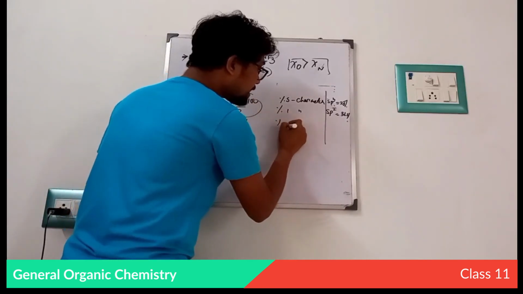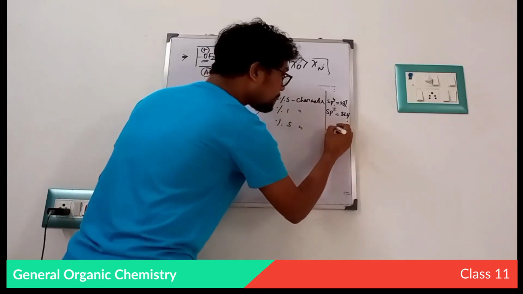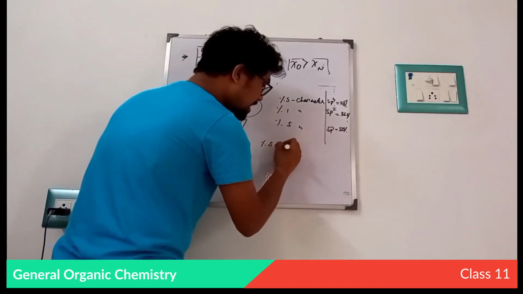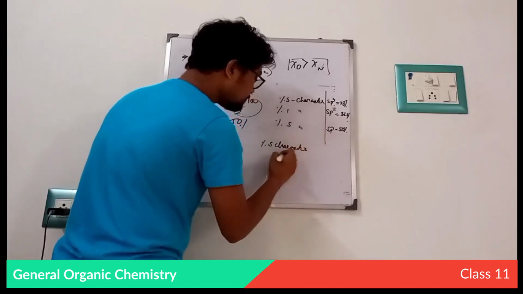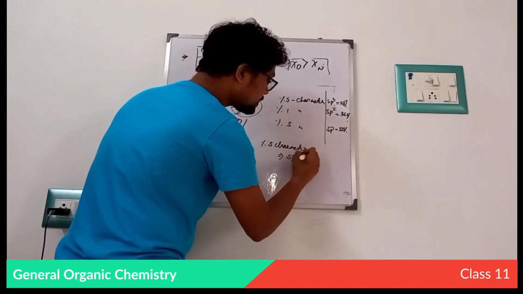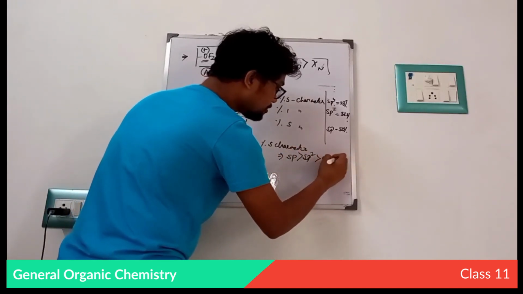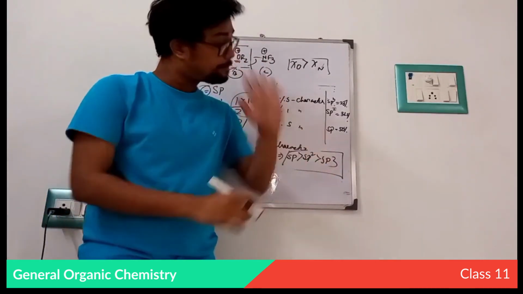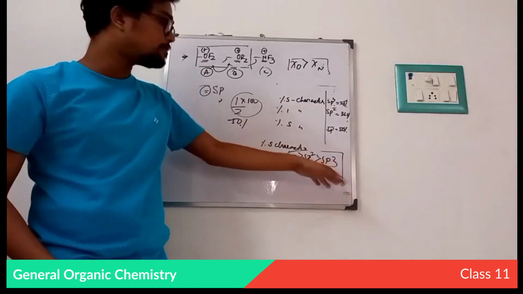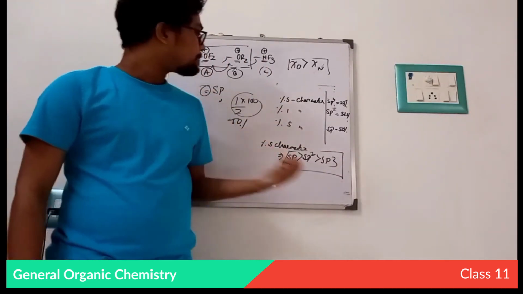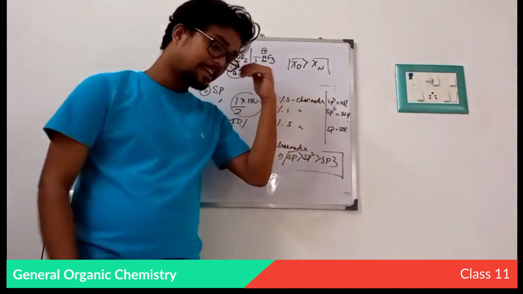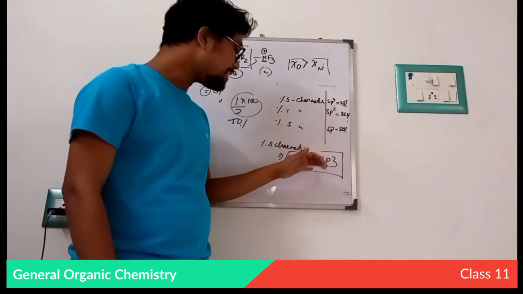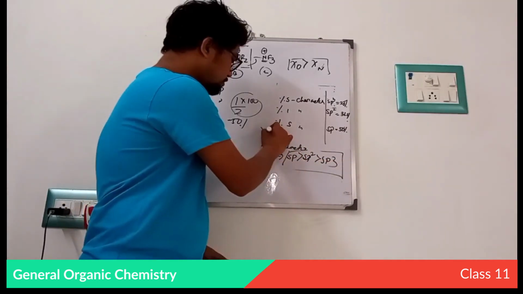So in the case of sp, the percentage of s character is maximum. Percentage of s character: sp greater than sp2 greater than sp3. Write it down and box it very properly. This will help you in 50-60 problems. In organic chemistry, in acidity, basicity, reaction mechanism, anything, the percentage of s character is very important.